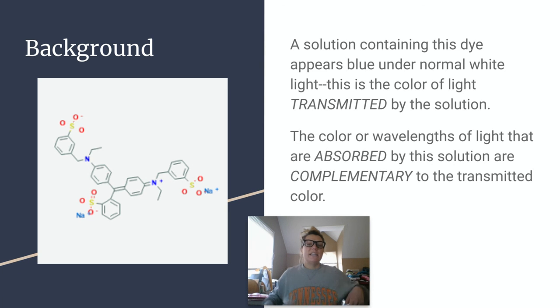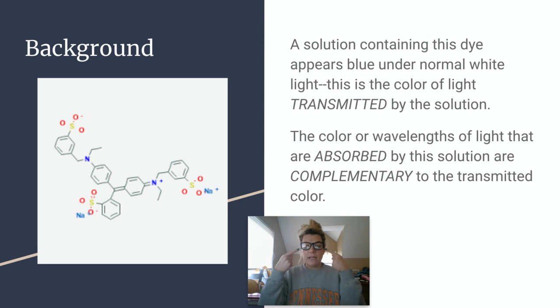A solution that contains this dye under normal white light appears blue. This is the color of light transmitted. This is the color coming off of the sample into our eyes, and that's why we see blue. However, the wavelength of light that goes into the sample and doesn't come back to our eyes, the stuff that's being absorbed, is going to be complementary to the transmitted color.